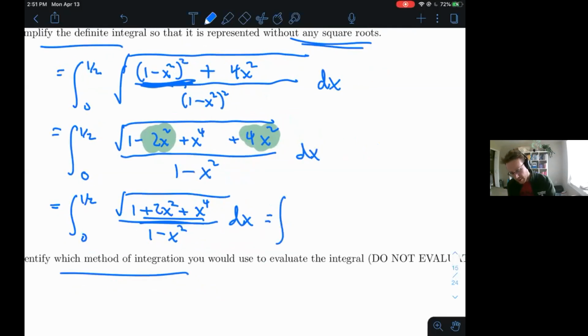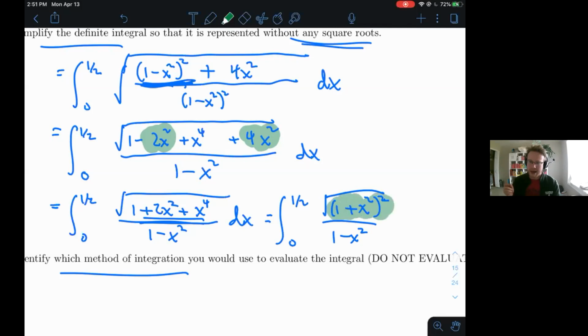So this is going to be the integral from 0 to 1/2 of the square root of 1 plus x squared quantity squared. Certainly, if this was on an assessment, a quiz, or an exam, I'd be a little bit paranoid. I'd take this and expand it out. This would be my hypothesis, but I would expand it all out and verify that I get what I started with.